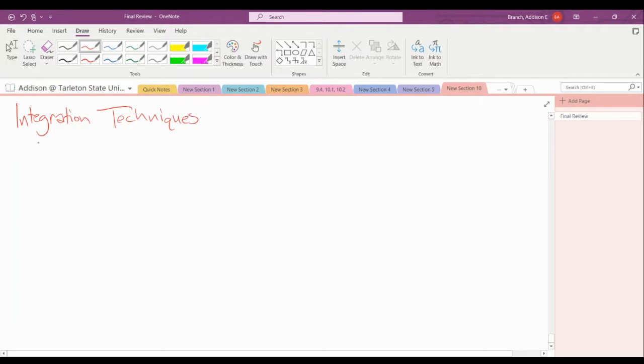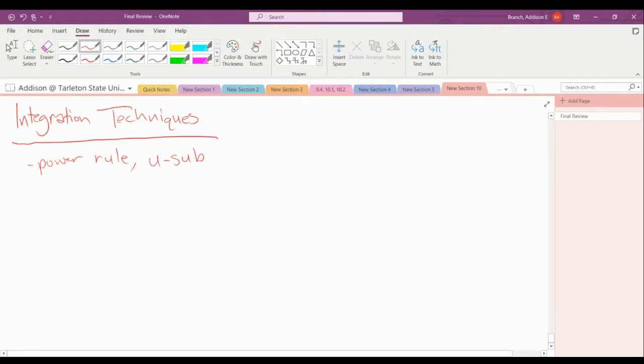So remember, we have a few new strategies that we learned this semester. Of course, we have the ones that we have always used, such as power rule and u-sub. We've pretty much been using those since the end of 2413.